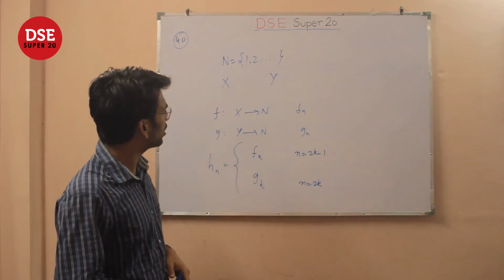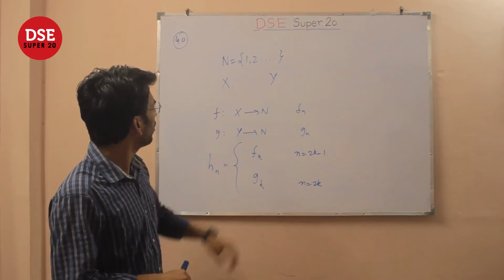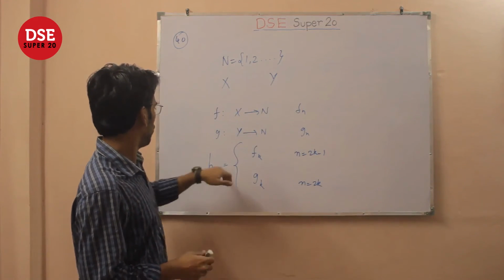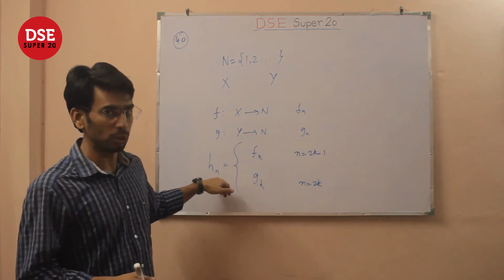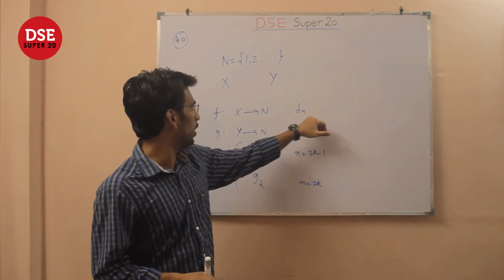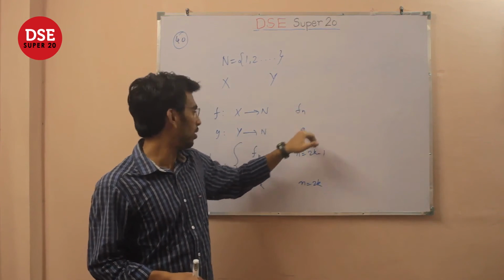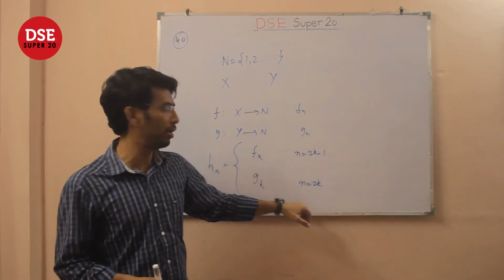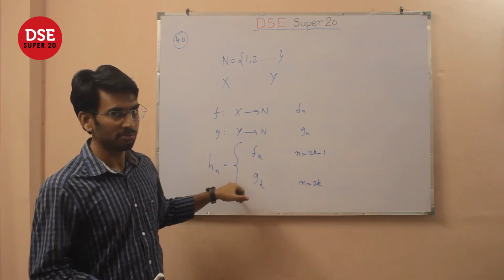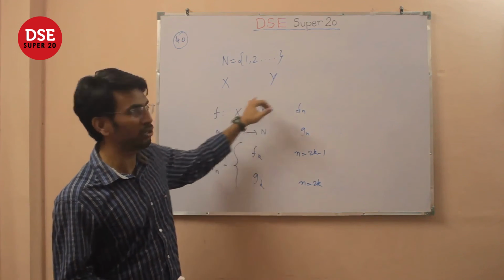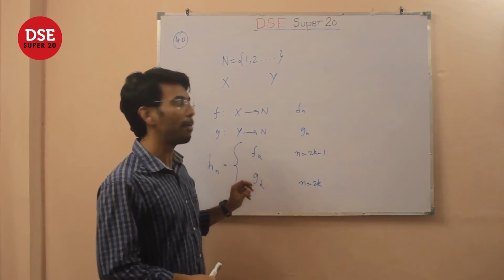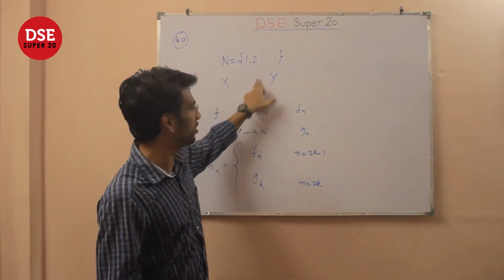Let's see if we can construct a bijection between N and X union Y. Well, all we have to do is construct a new sequence whose odd indices take on the values from f_n and whose even indices take on the values from g_n. Thus, the new sequence constructed will have values from both, X union Y, which will indeed be a sequence, and thus a bijection from N to X union Y.